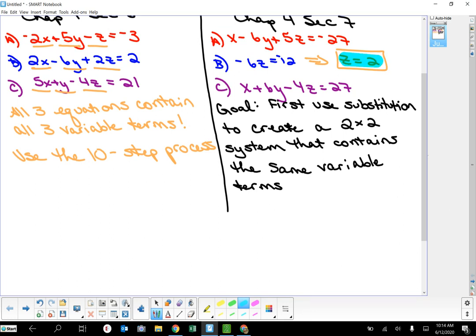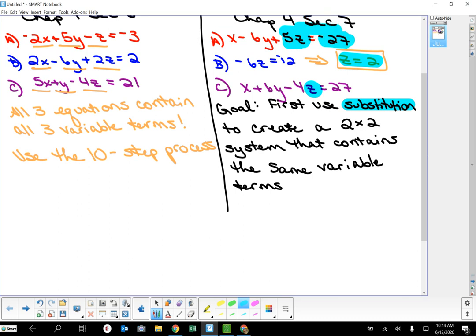So if I take that information and using substitution, I substitute the z right here, and I substitute the z right here. Can you tell, just thinking ahead, that this whole 5z term is going to turn into a number that can then be connected to this negative 27 over here.